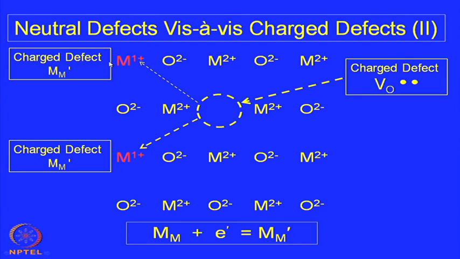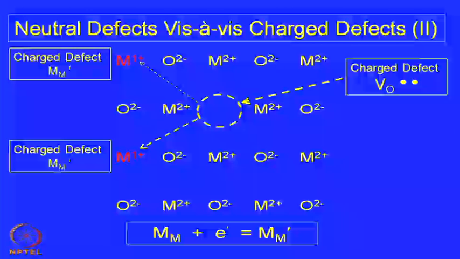It is a defect in the sense it is no longer M2 plus, it is M plus, okay, and this is also M plus. So this is another kind of defect which has been created by M at the M site, but not its regular charge, it has one less positive charge, which is supposed to be 2 plus, now it has only 1 plus.